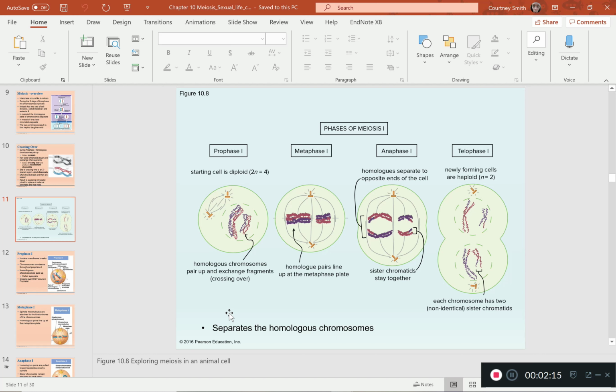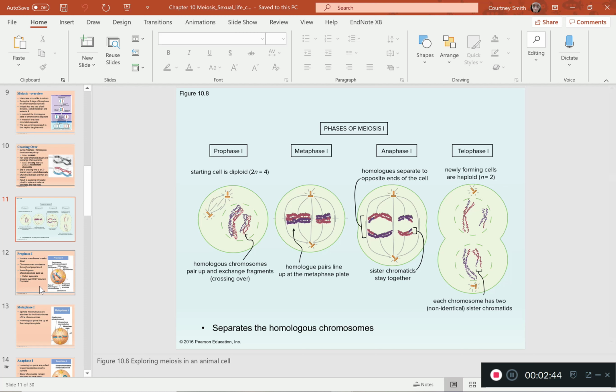Also, we have homologous chromosomes at the end of meiosis 1, whereas in mitosis we don't. Everything else is the same: in metaphase, everything lines up in the middle. In anaphase, they get separated, and in telophase, 2 cells are formed.